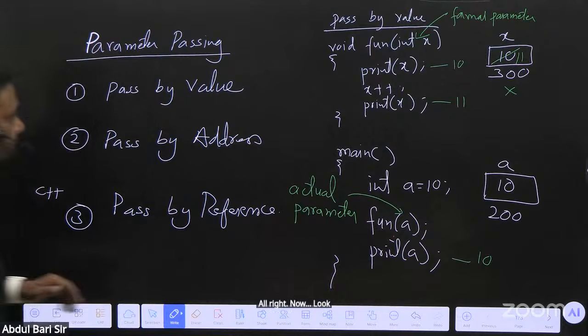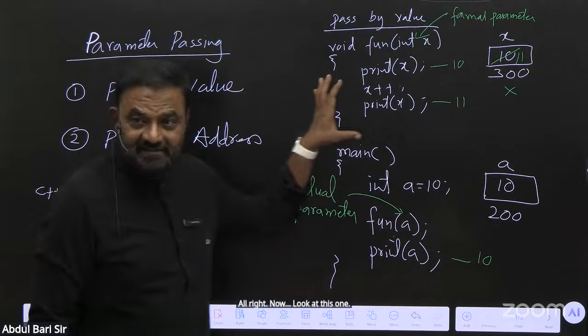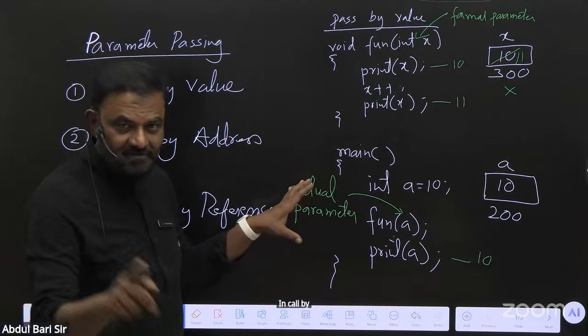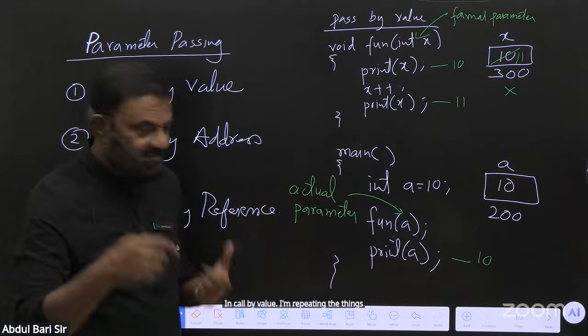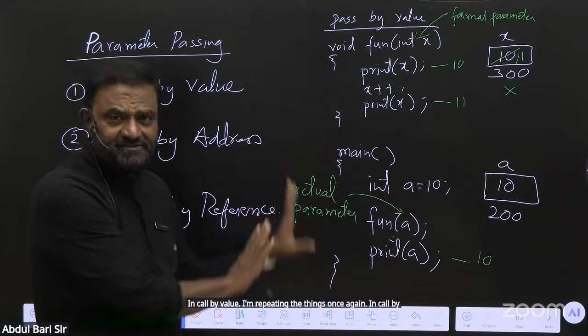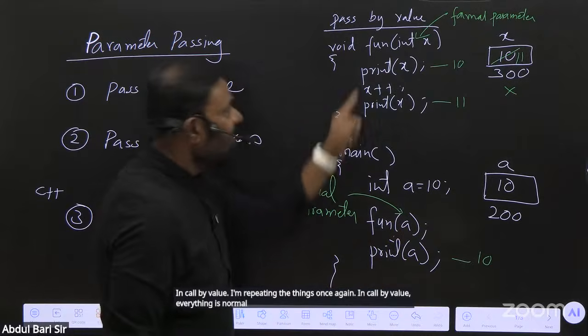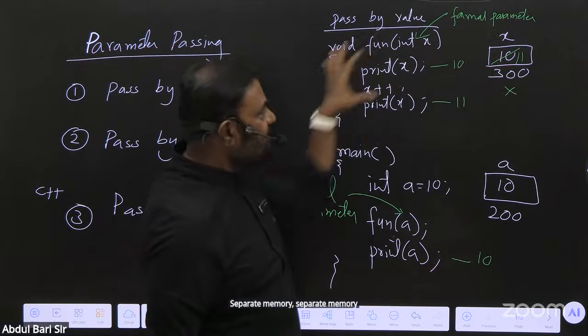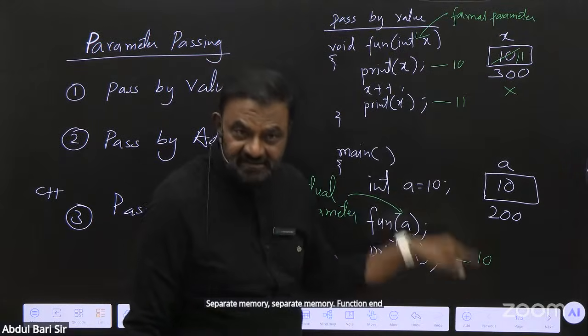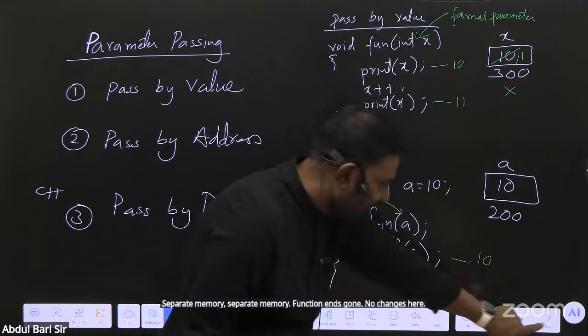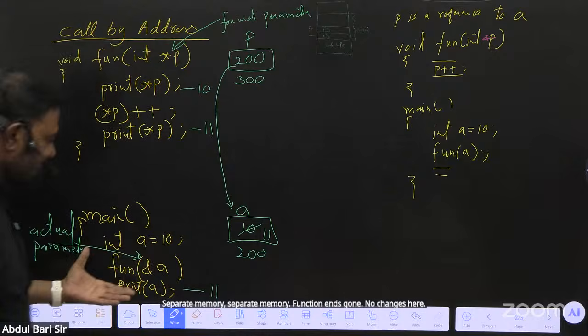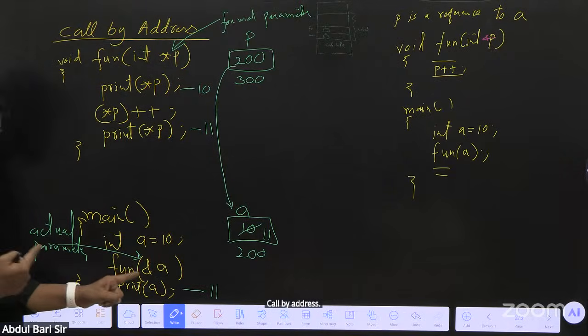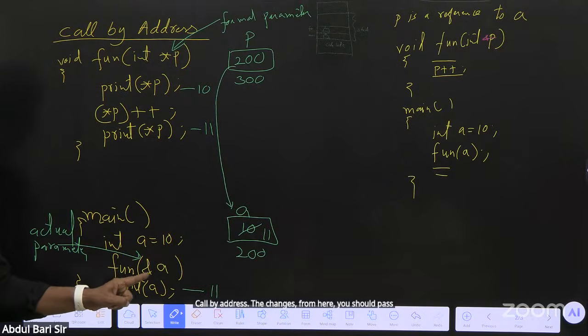All right. Now, look at this one. In call by value, I'm repeating the things once again. In call by value, everything is normal. Just A, here X. Separate memory, separate memory. Function ends, gone. No changes here. Call by address. The change is that from here you should pass ampersand, the address of a variable.